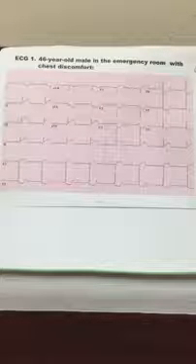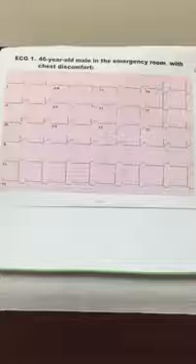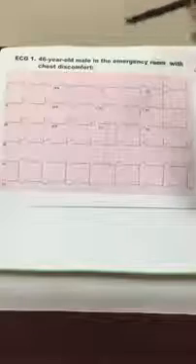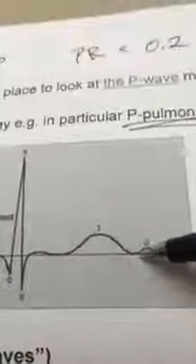And so now that we've done that, we can look for T-wave abnormalities. This strip does not have any T-wave abnormalities, but I will show you what we were looking at before. So here is the T wave, which is normal. And then here we could have a U wave, which is a small peak after the T wave.